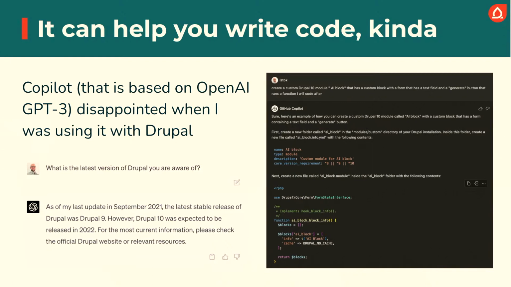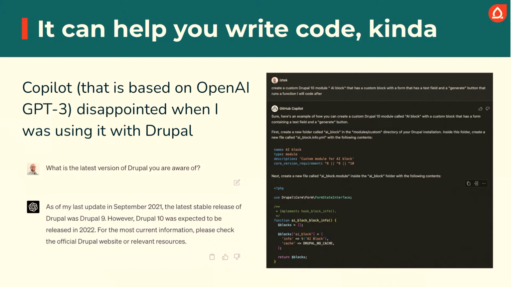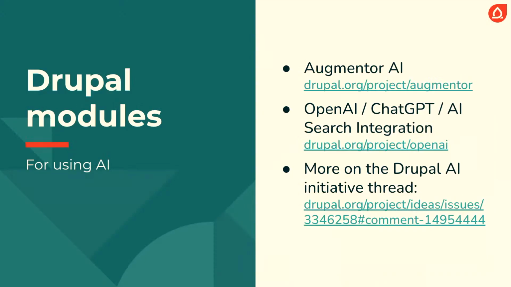So it was not very useful to ask it to generate really large chunks of functionality or code or modules. It was much better when I asked it for specific things, for example, PHP stuff. I don't know what your experience was. Maybe we can talk about this later on, but that was my experience with coding.